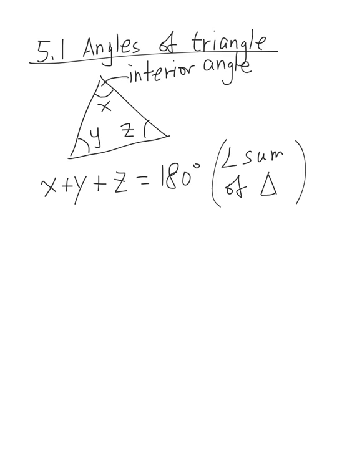This one is an interior angle of a triangle, this one is an interior angle of a triangle, and this Y is also an interior angle of the triangle. Now let me produce this line. Let's say this line is AB. Let me produce this line beyond the triangle. Here we know that ABC is a straight line.